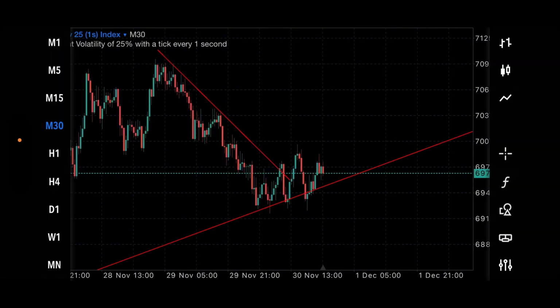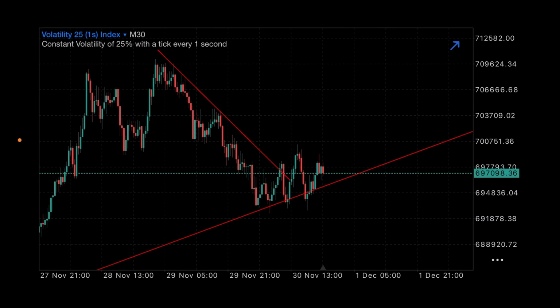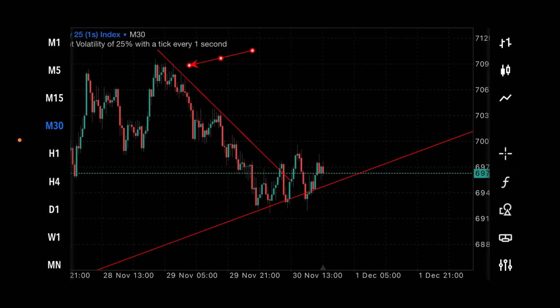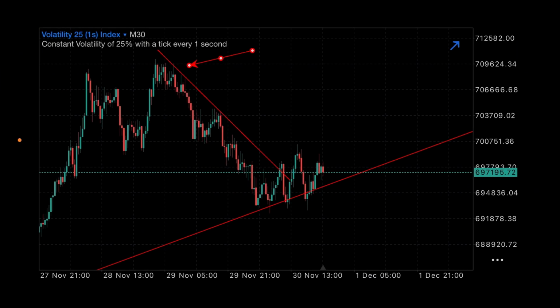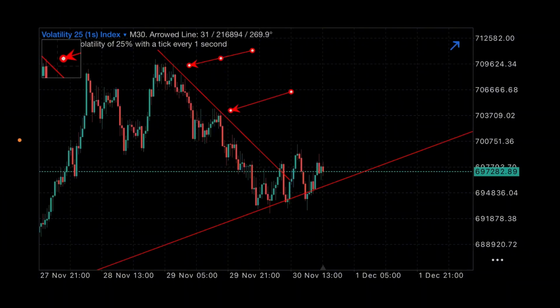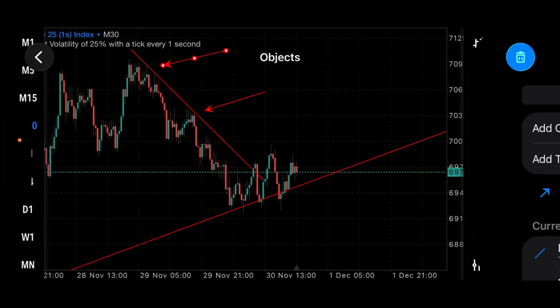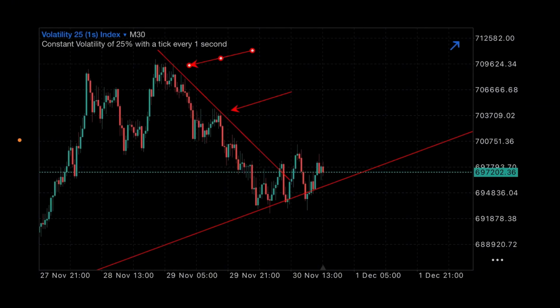Let me delete this one. So this is the first high, somewhere there. Although this is not a perfect example, because I really don't have any chart that I'm looking at right now on a downtrend. This is the second high. Then the third high will definitely be somewhere around here.